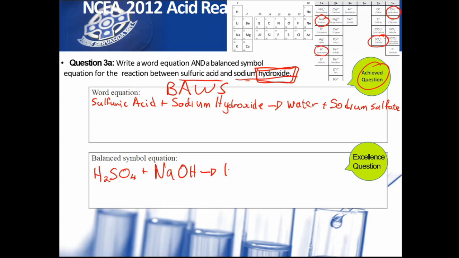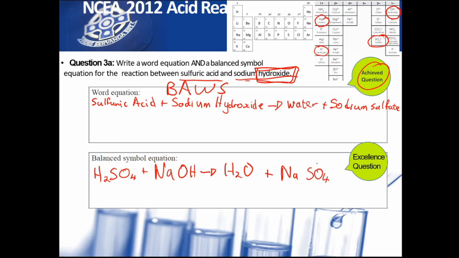So we know it's going to give us water, because we know about bases. Base plus acid is water and salt. And then the salt is going to be sodium sulfate. The hydrogen and the hydroxide are used to make water. So we now have sodium and sulfate. Let's just check if they are electrically balanced.